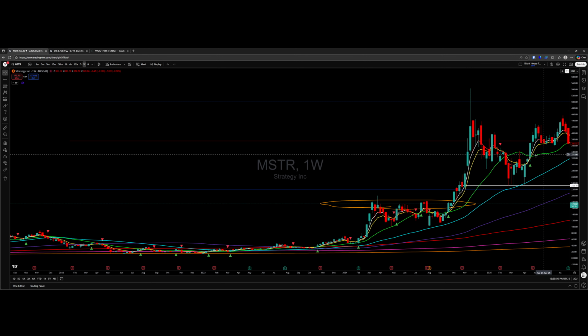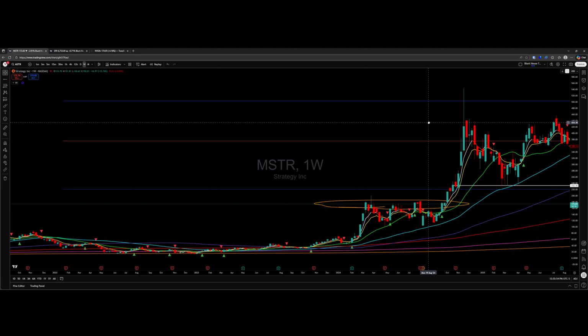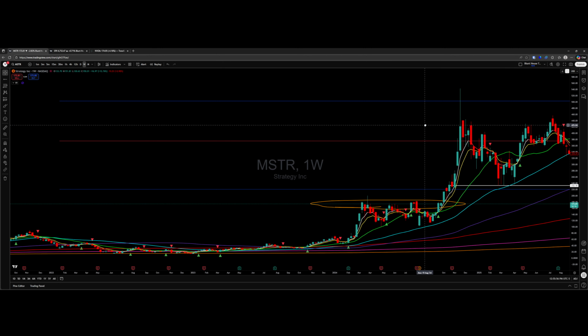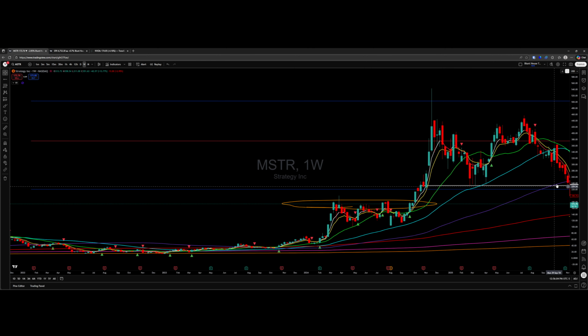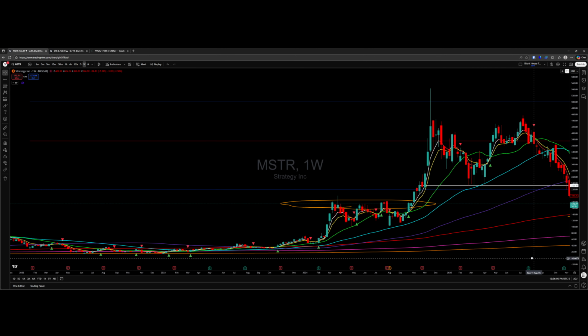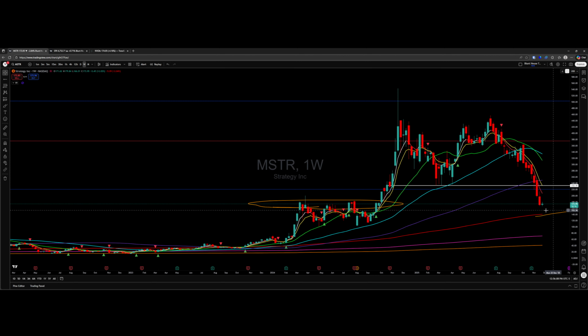This is the first touch, so you'd be hoping that it would get some support, like it did for a week. Then it comes right back to the 50, but this is not the first touch of the 50. We've been here before. It broke, found the 100, broke that, and it's looking for the 200 on the weekly, which is the 1,000 on the daily.